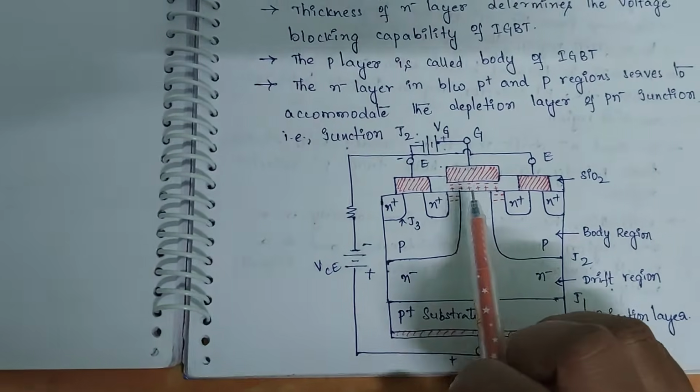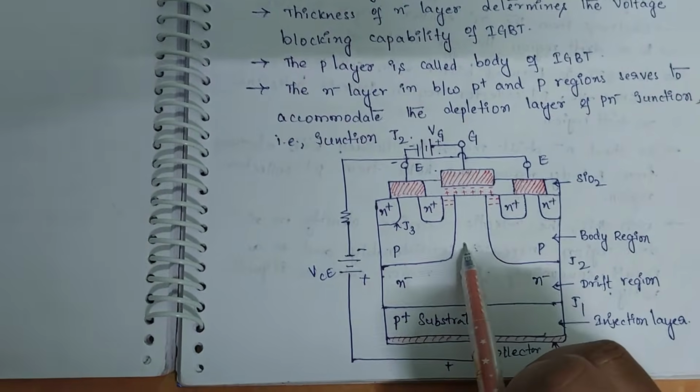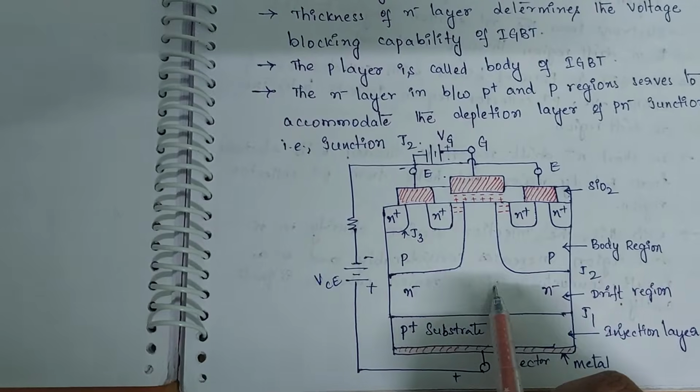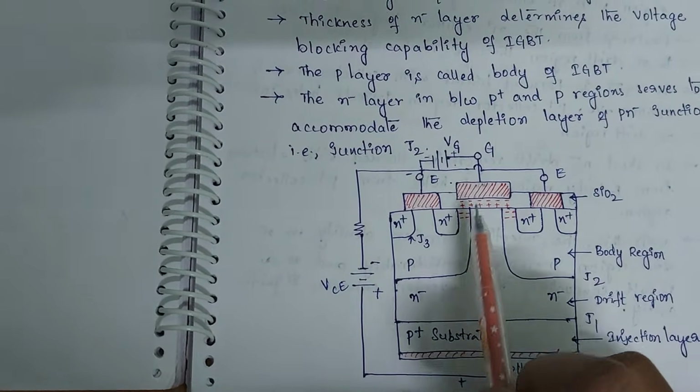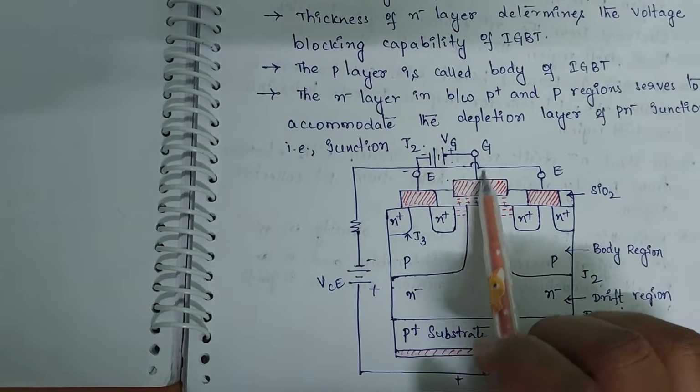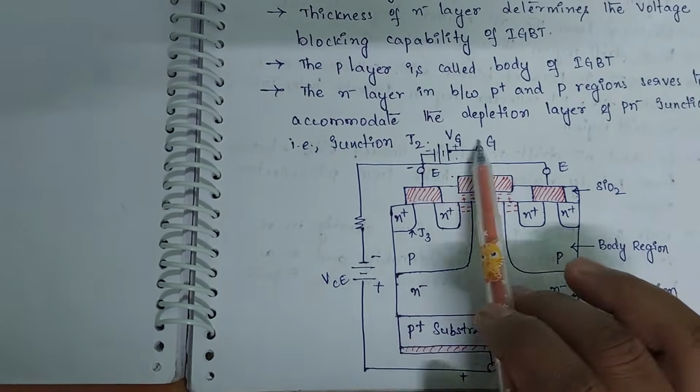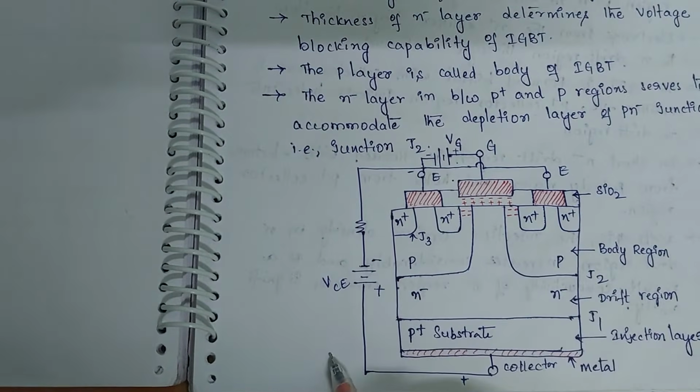And next, coming to the P body region and N minus drift region, we are going to have a gate terminal connection like this, gate to the emitter terminal connection like this.